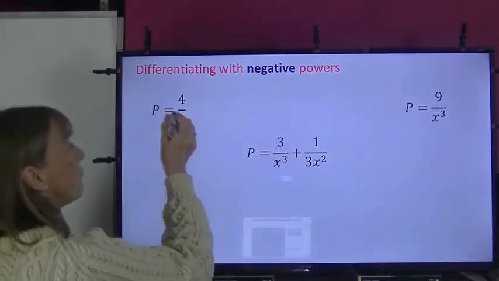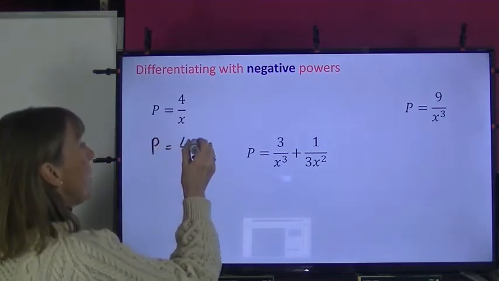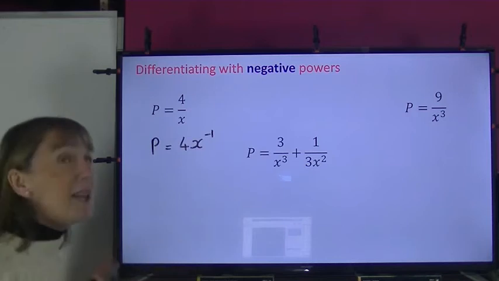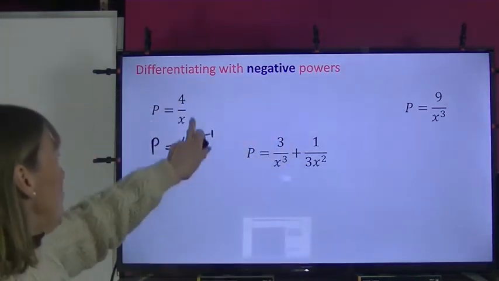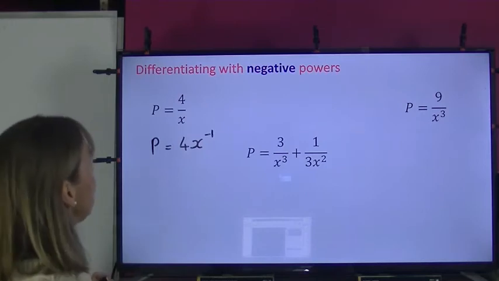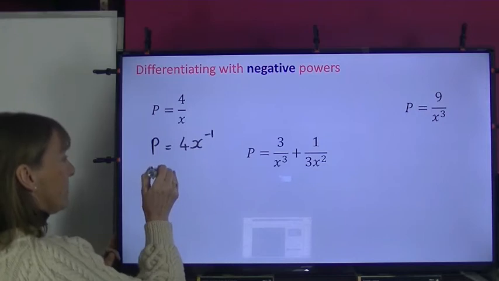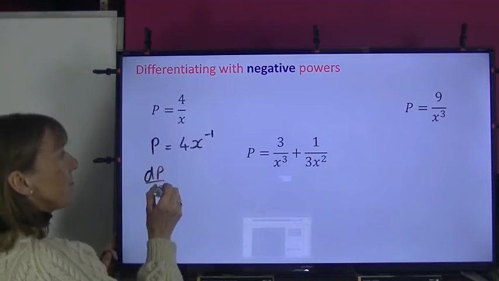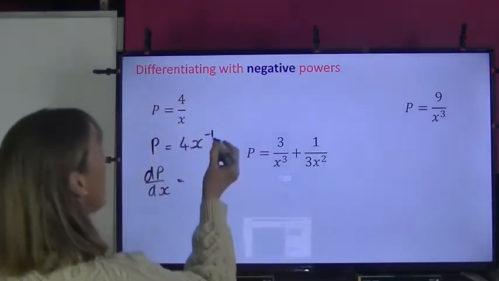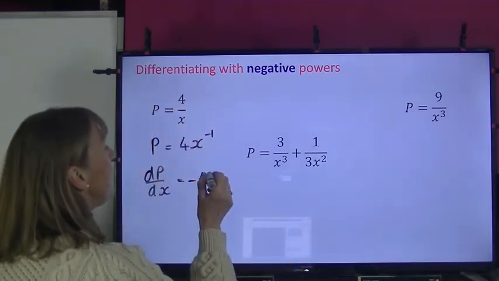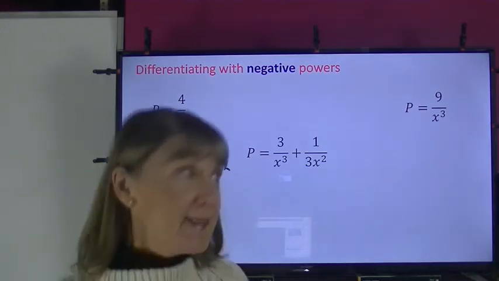So for instance, before we differentiate this, we're going to bring the x to the top, and hopefully you will remember that it will become x to the power of minus 1, or whatever the power is. So I bring it to the top first, and then I can differentiate it, because then it follows the same pattern as before. So minus 1 times 4 is minus 4x to the minus 2, no killing kittens there.